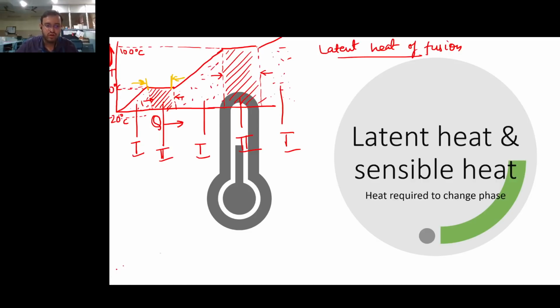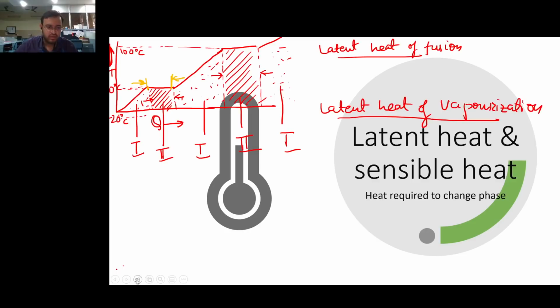And then you have got your latent heat of vaporization, which is given by, I'll just change the color again, this bit. Okay. All right. So I hope that you have understood the concept of latent heat of fusion.